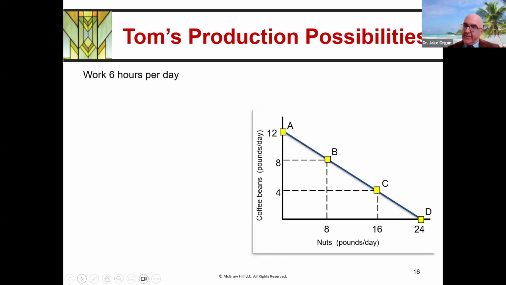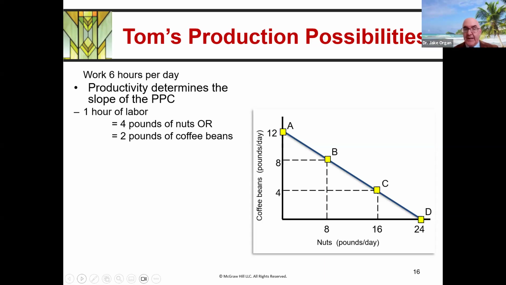So, forgetting about Krisha, there's another player in this whole equation, and that's Tom. He can work 6 hours a day, and the slope of the production possibilities curve is driven by the productivity of the person. In this case, not so good with coffee, but a lot better with nuts.